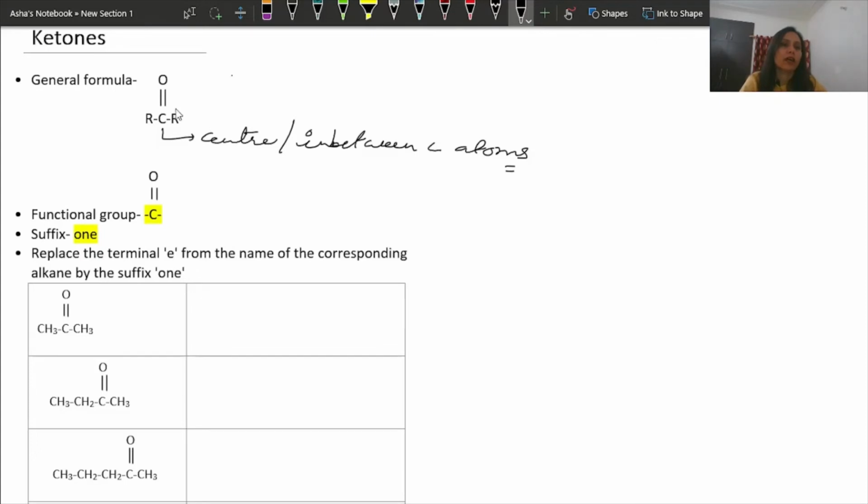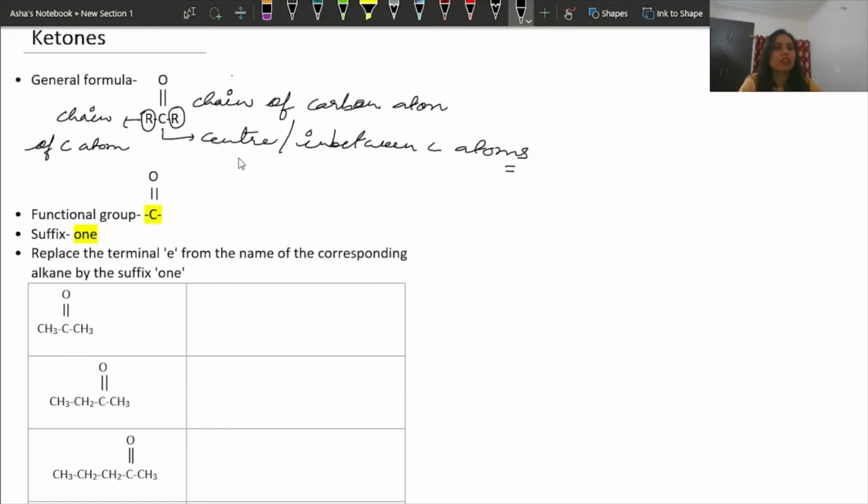On both sides, this R is showing us a chain of carbon atoms, and this R is also telling us a chain of carbon atoms. So it is always present in the center of the chain or in between the chain anywhere. It is not a terminal group, so it is very easy to identify. It is never in terminal. It is always in between the chain.